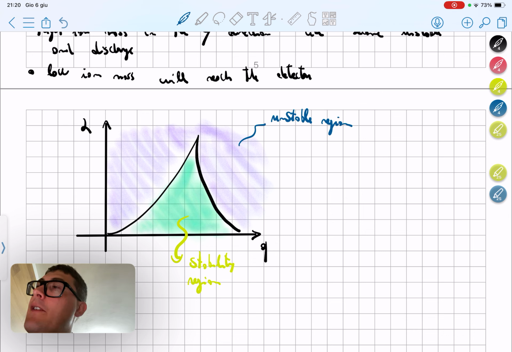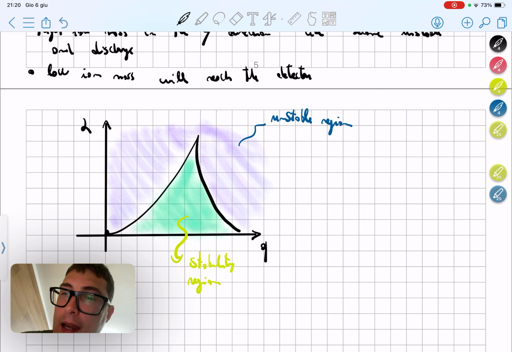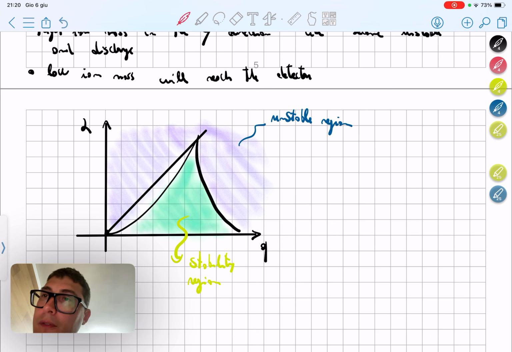So if we imagine sending a line from the origin until the very top of this, we have reached a specific value, which is the highest alpha possible.